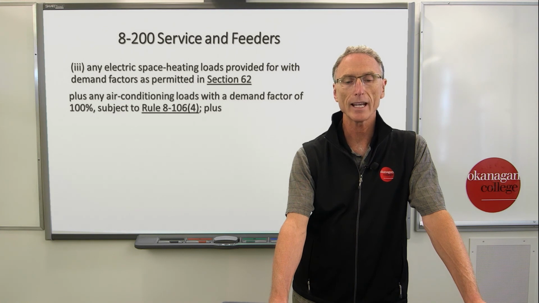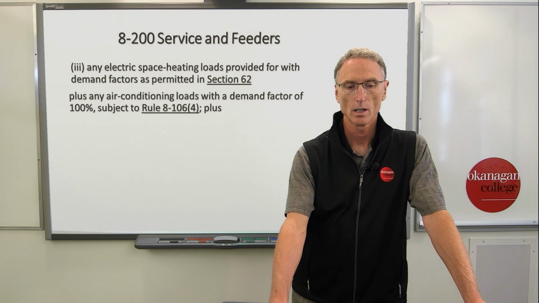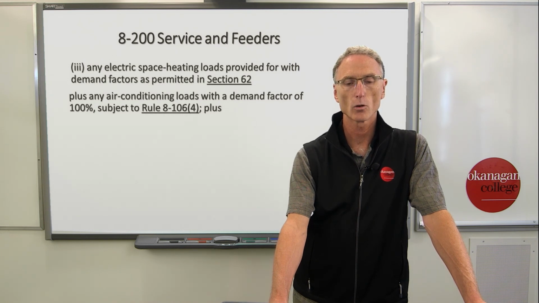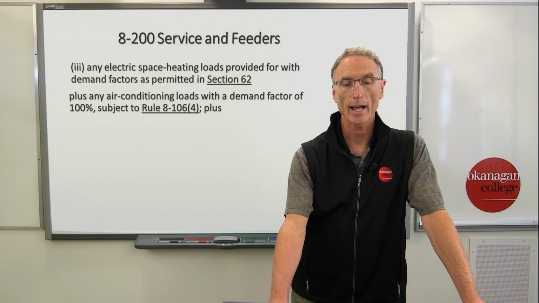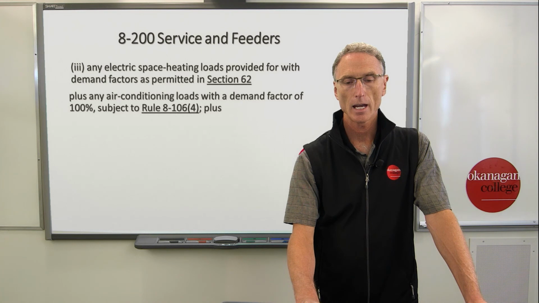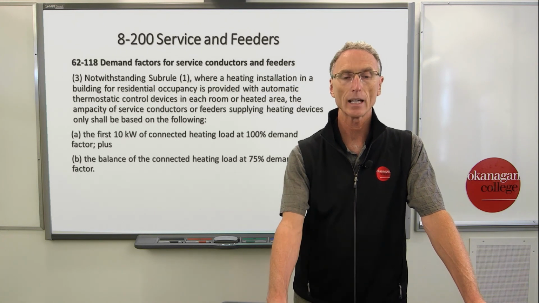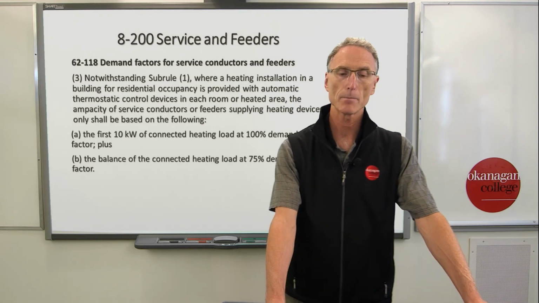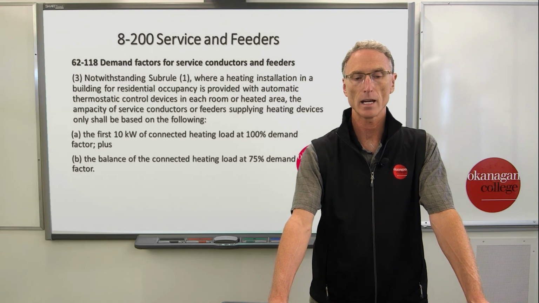It says, plus any air conditioning loads with a demand factor of 100%, subject to Rule 8-106, sub-rule 4, and we'll look at that as we go. But first of all, we're going to look at the electric heating and figure out what that calculation is, and we're going to put that back into our calculation page.